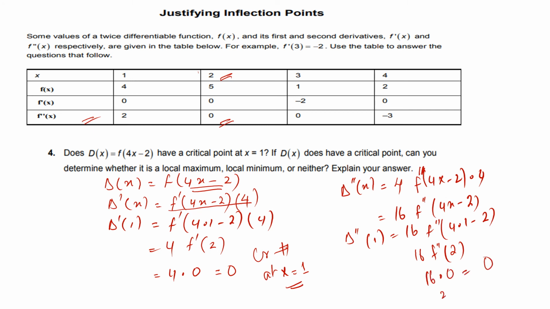It means the second derivative test fails. It means that we have neither a local minimum nor a local maximum. So you will write here neither, because the second derivative is equal to 0. It doesn't have concave up or concave down.